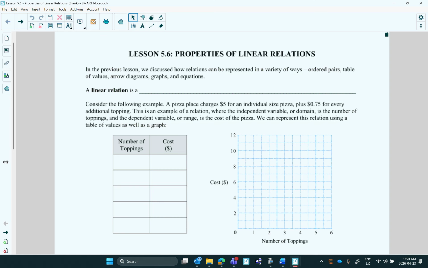A linear relation. Okay? A linear relation, actually, maybe you guys can define it. What do you think a linear relation would be? Like if we say on a graph, what do you think the graph of a linear relation would look like? Linear. Yeah. Straight line.